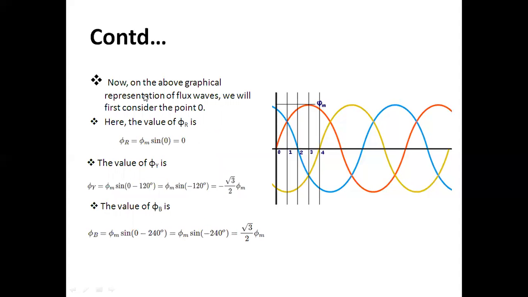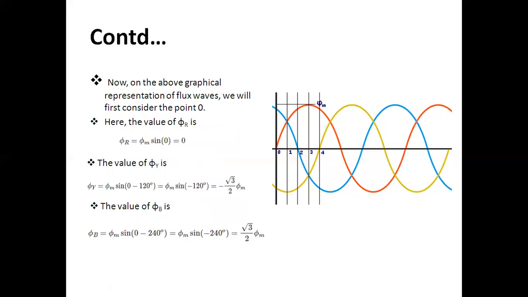So let us start with the point 0. At point 0, phi r becomes phi m sine omega t, which is equal to 0. So phi m sine 0 equals 0. The value of phi y becomes phi m sine (0 minus 120 degree), that is phi m sine of minus 120 degree.